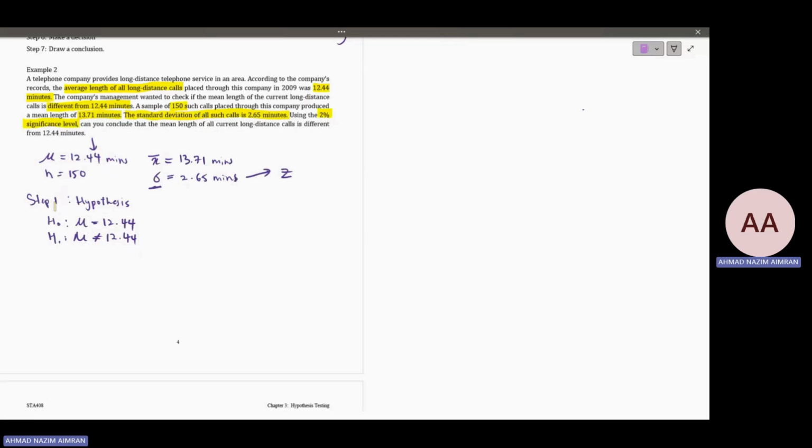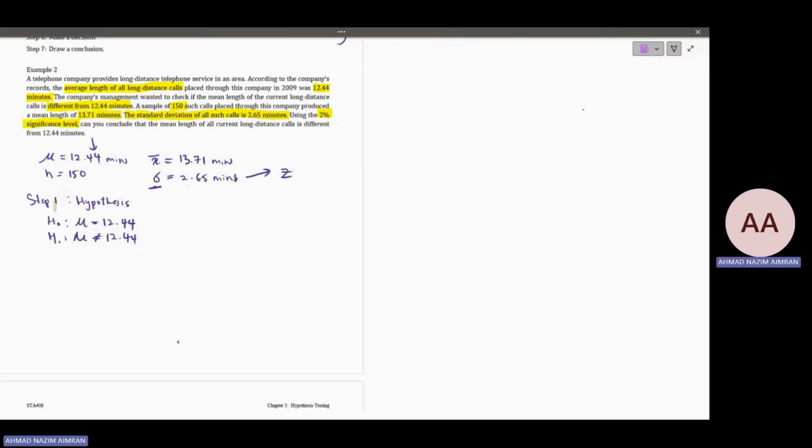Only by doing this are you able to decide which technique to use, whether to use the Z distribution or the t distribution in your calculation, what is the alternative hypothesis, what is the significance level, and so on.